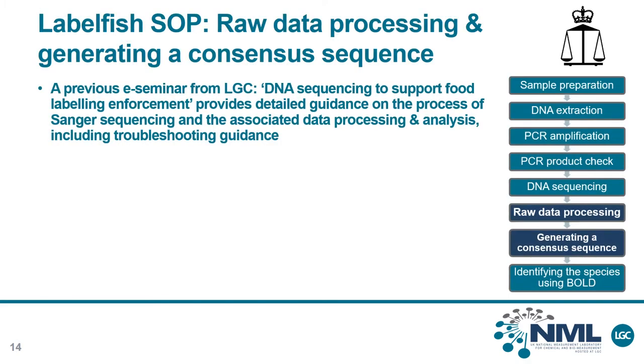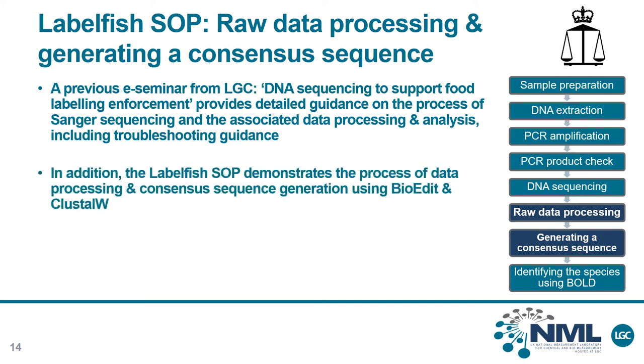Once the PCR products have been sequenced, the raw data can be processed and a consensus sequence can be generated. It is assumed that the viewer has a working knowledge of Sanger sequencing. A previous e-seminar from LGC on DNA sequencing to support food labelling enforcement provides detailed guidance on the process of Sanger sequencing and the associated data processing and analysis, including troubleshooting guidance.